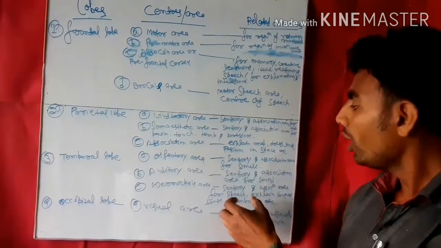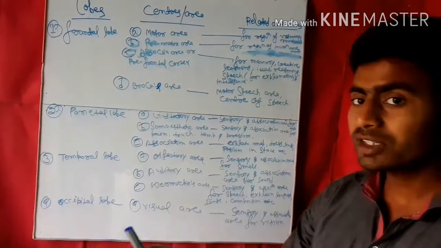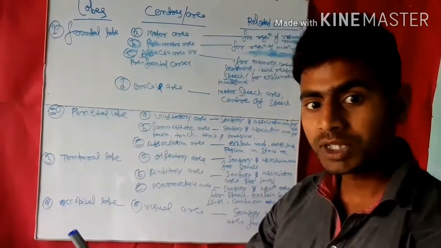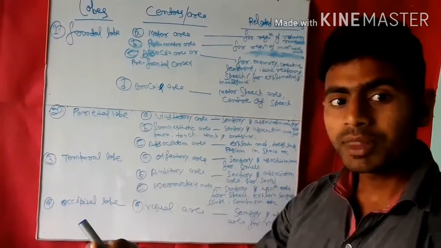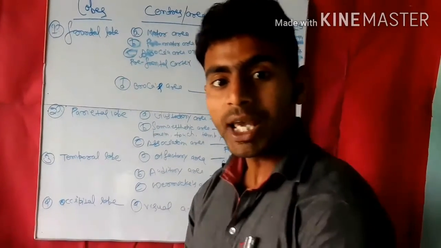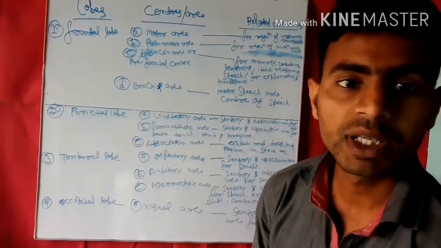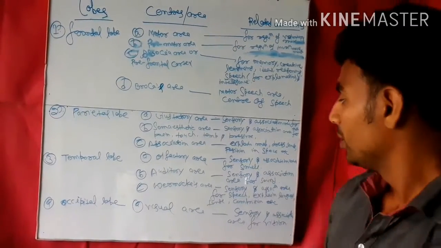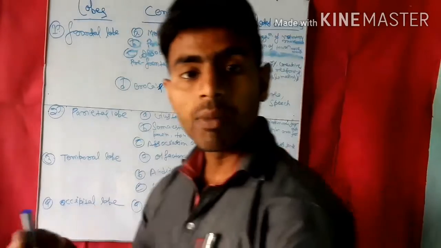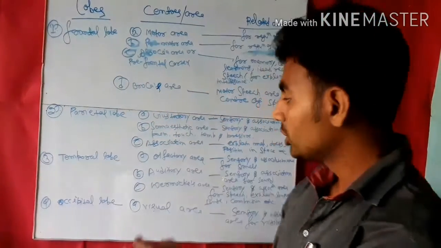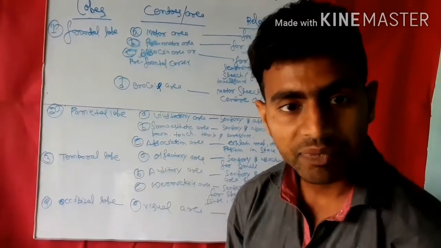So this all means sense, sensory and association of smell. The sense of smell is controlled by the olfactory area. Sensory and association area for smell is controlled by the olfactory area.